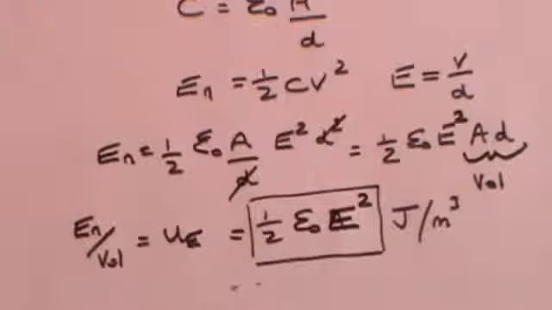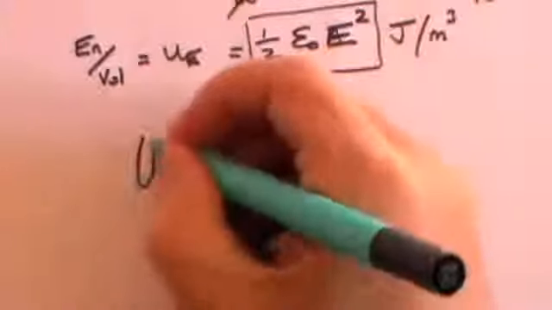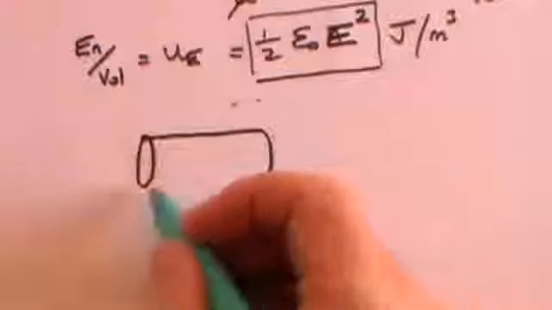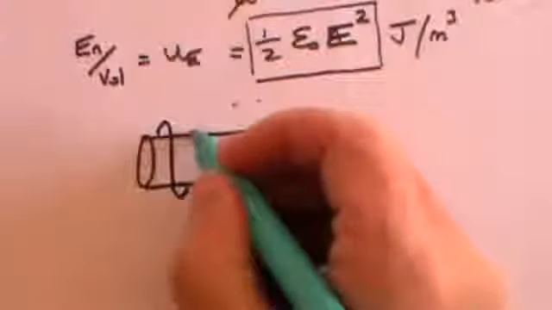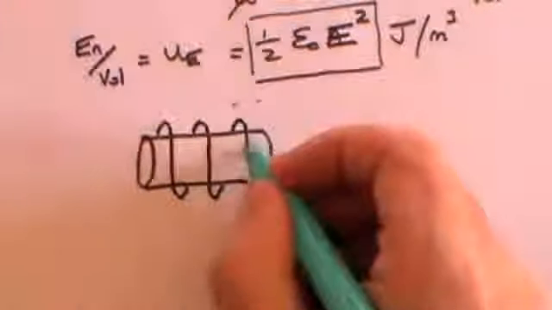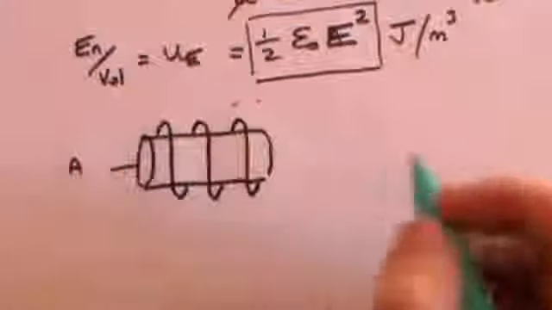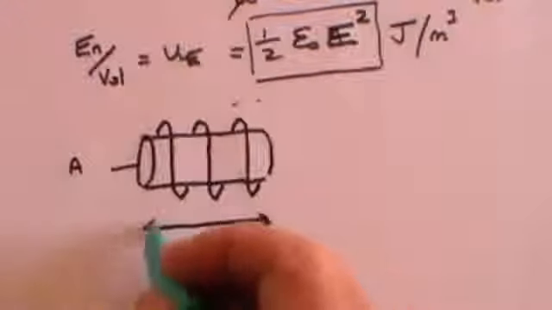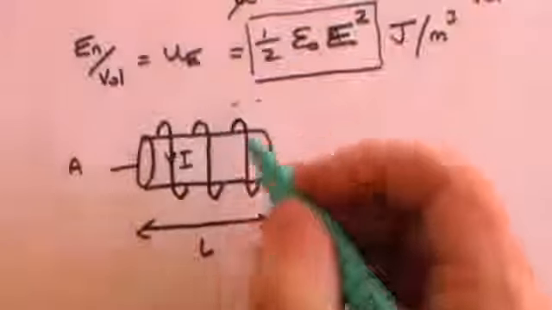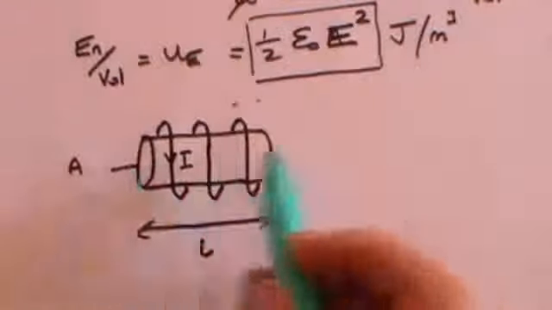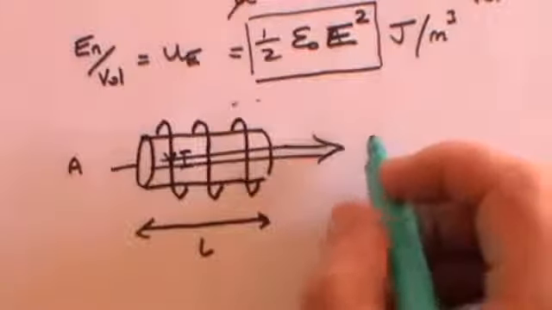Now let's move on to think about the energy stored in a magnetic field, and for that we're going to consider a solenoid or an inductor. We wrap a coil of wire around some kind of maybe iron bar. The cross-sectional area is A, the length is L, there will be a current I flowing in the wire, and that current will generate a magnetic field B inside the inductor.